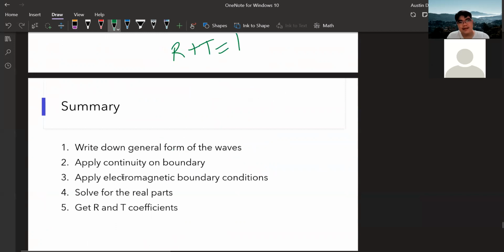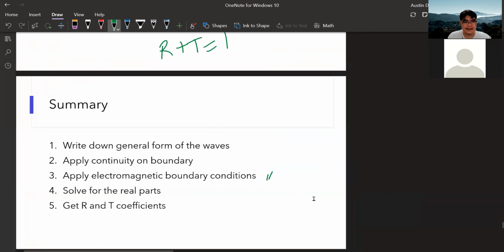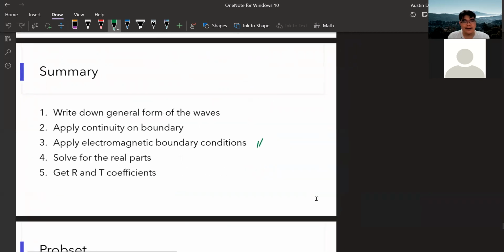Okay, in summary, paulit-ulit lang ginawa natin. You write down the general form of the waves. You apply the continuity on the boundary. Kailangan tuloy-tuloy lang yung waves. Then yung tree lang yung nagbabago, kasi nagbabago yung boundary conditions. Electromagnetic boundary conditions, so it depends sa Maxwell's equations nung system mo. In some systems, meron kang conductor.